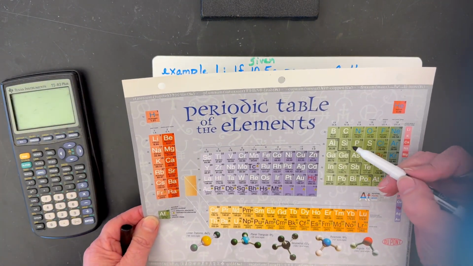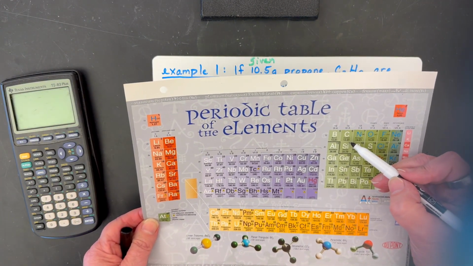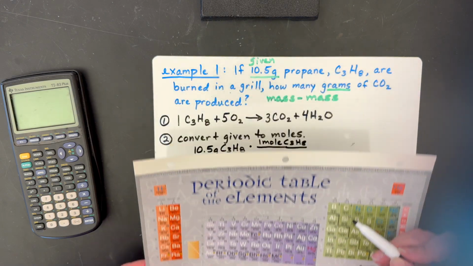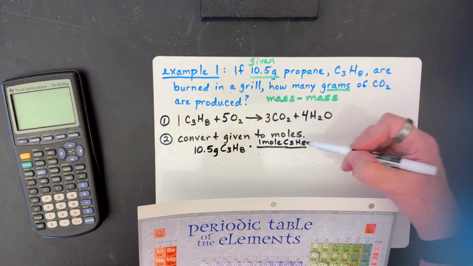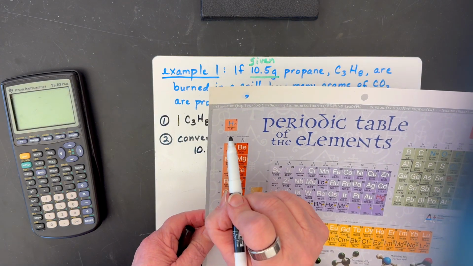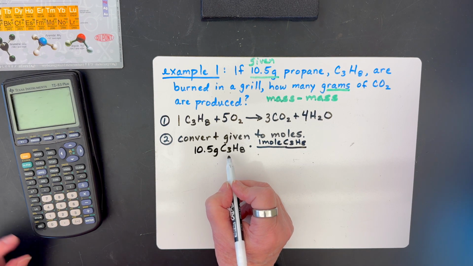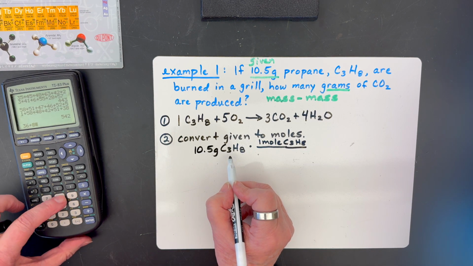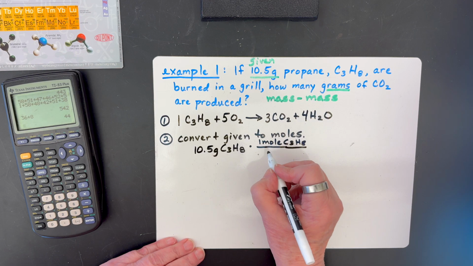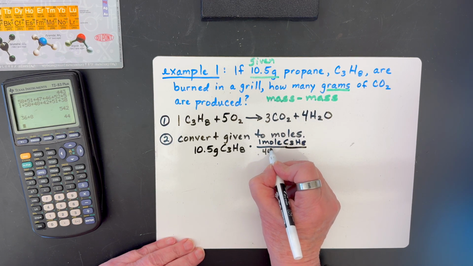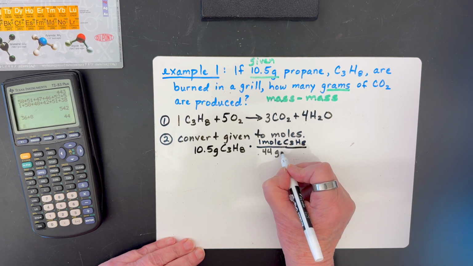So carbon has a mass of 12, and hydrogen is basically a mass of 1. So we have 3 times 12 is 36, plus 8 for our hydrogens is a mass of 44 grams.